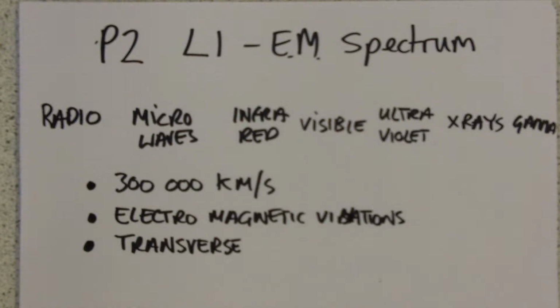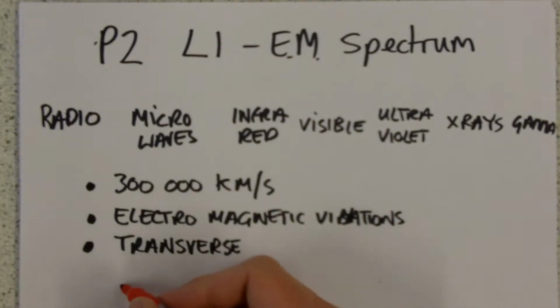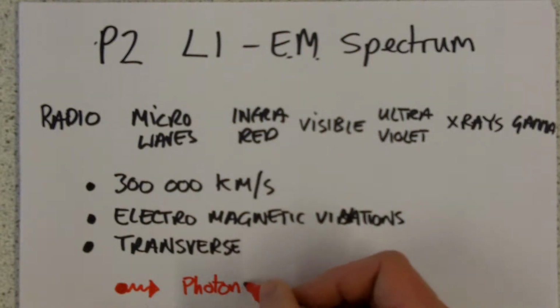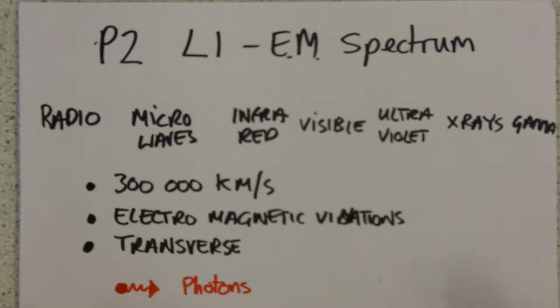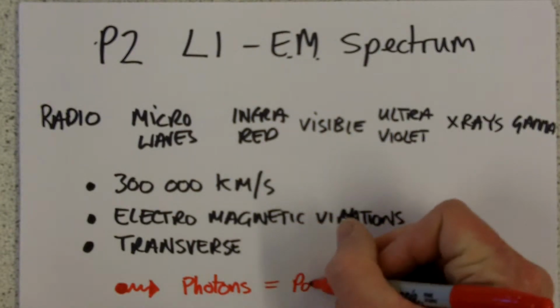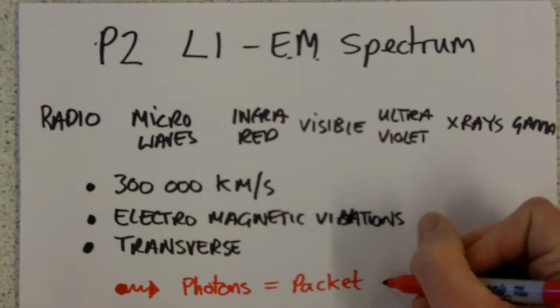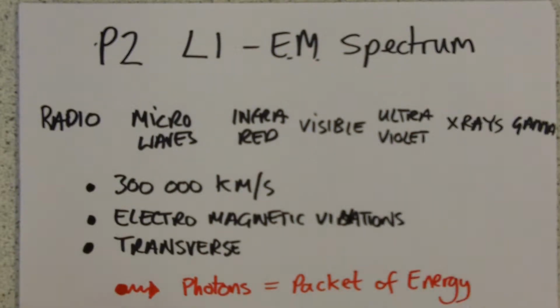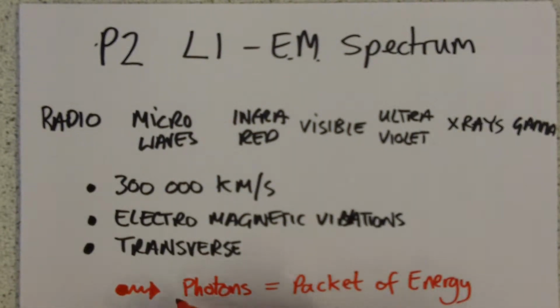But in P2, we want to consider the other property of radiations, which is the idea that energy travels as tiny lumps known as photons.